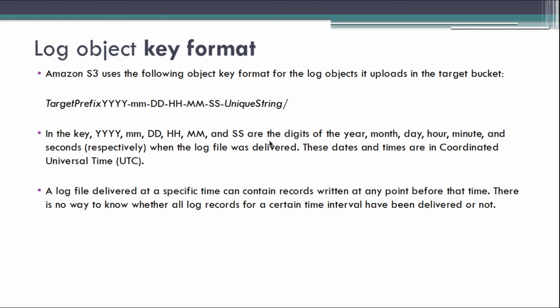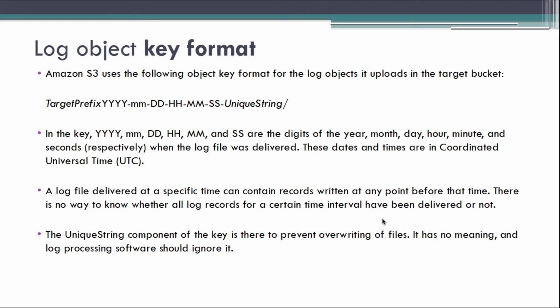There is no way to know whether all log records for a certain time interval have been delivered or not. So this is the key for when the log is delivered, and it contains multiple records from before that time. So there is no specific time interval.